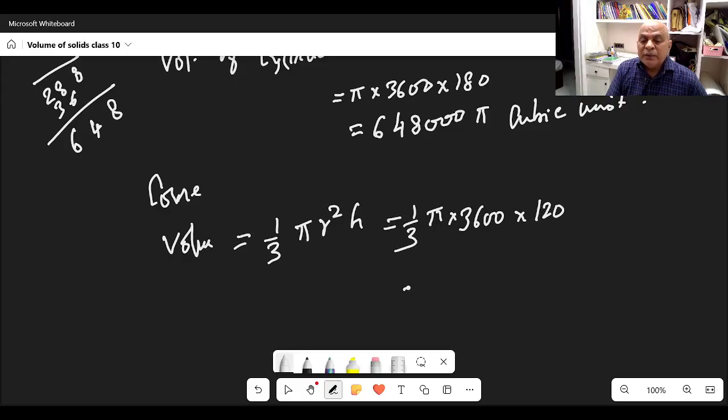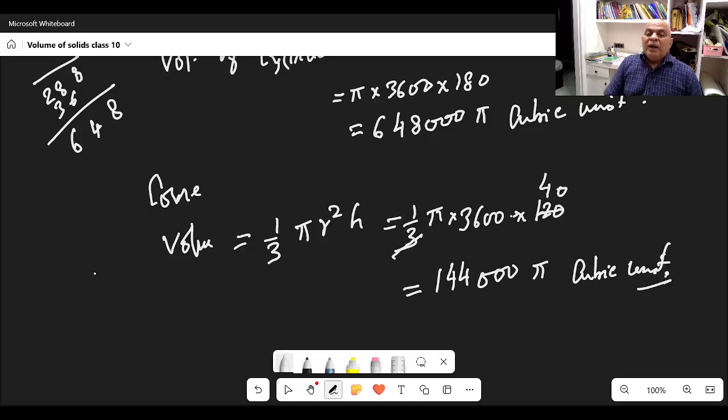This 3 will cancel with the 120 and it will become 40. Now just multiply 36 and 4. So that is 144, and triple zero is there. This much cubic unit will be the volume of the cone.